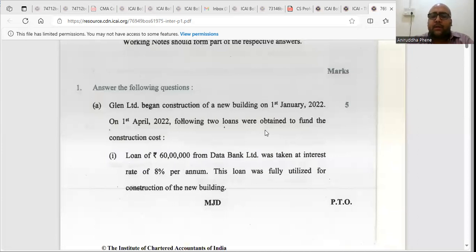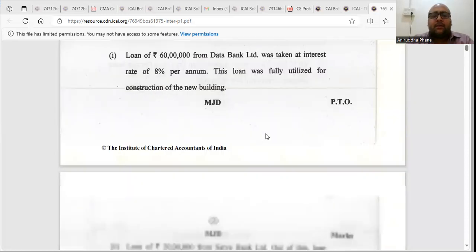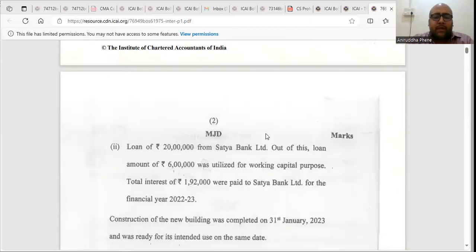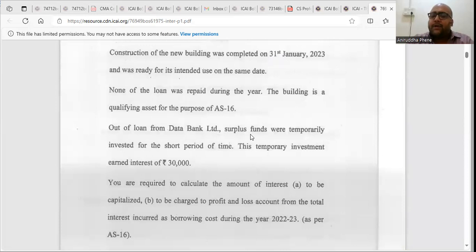First question is about accounting standards they have asked. So question 1A is Glen Limited question. Basically, it is about AS16. So you have to calculate what they have asked. Calculate the amount of interest to be capitalized, to be charged to PNL.